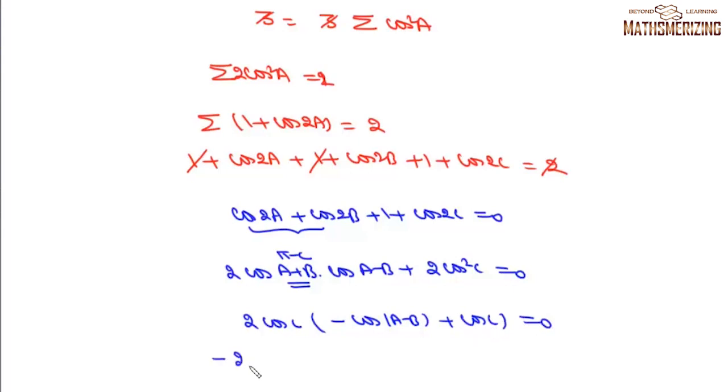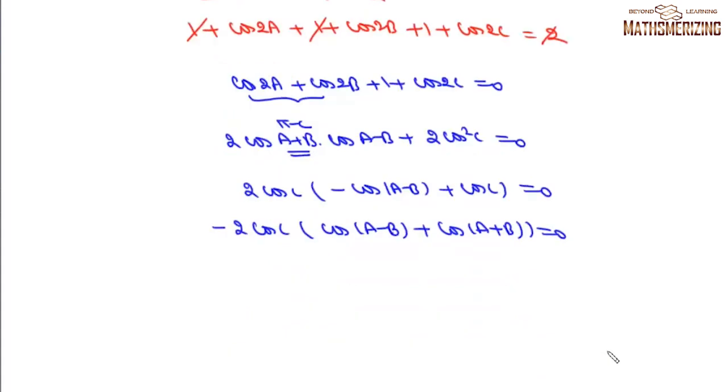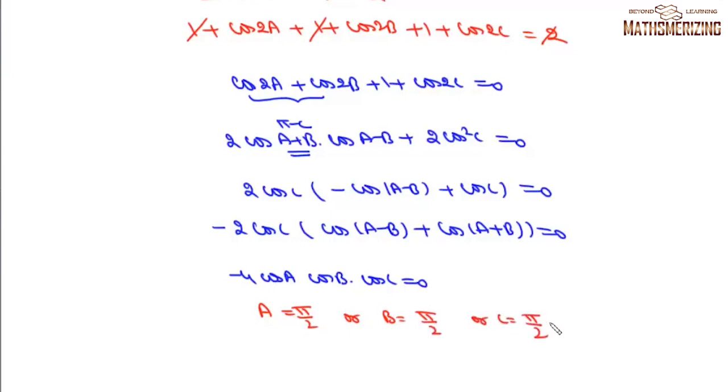So it will be minus 2 cos C, and then cos(A−B) plus cos(A+B) will be 0. So from here we get this result as minus 4 cos A cos B cos C is 0. That means either A is π/2 or B is π/2 or C is π/2, which completes our proof that it is a right angle triangle.